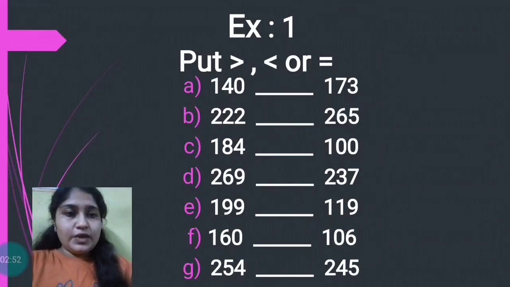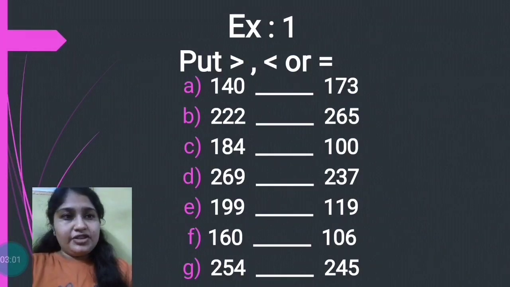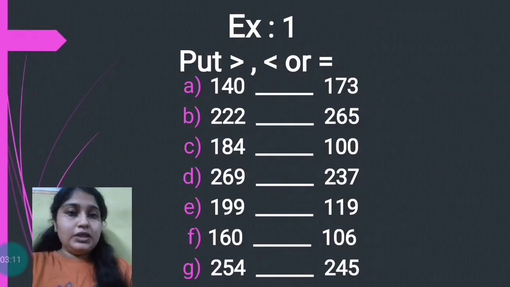Now the first one, A, is 140 dash 173. Here we have to compare 140 and 173. Now the B, 222 dash 265. Here we have to compare 222 with 265.